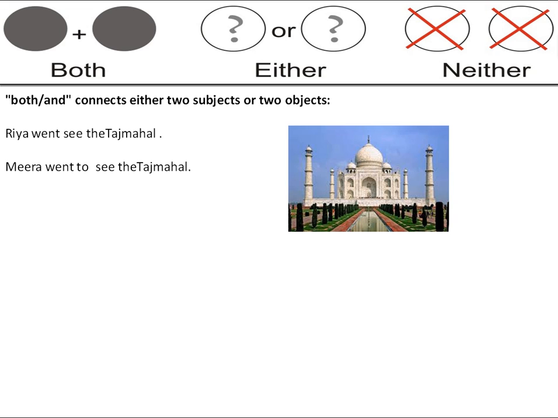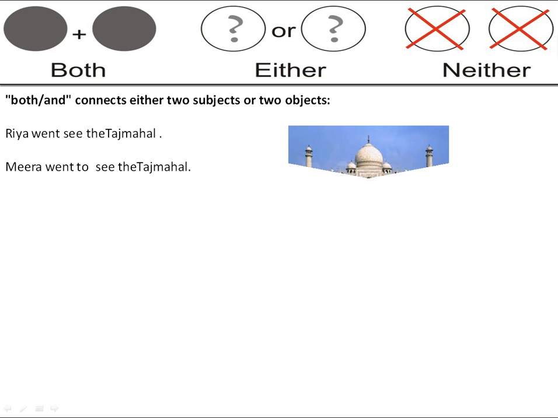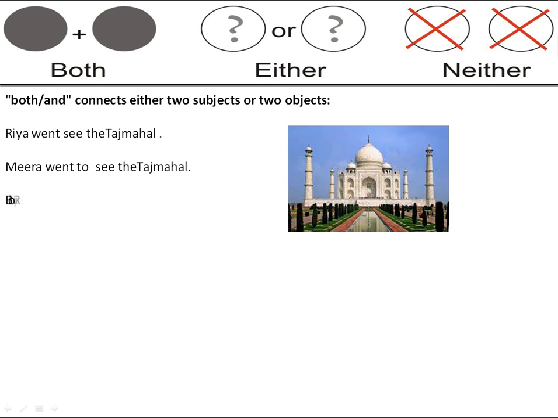So if you want to make it a simple compound sentence, how could we do that? We'll use the correlative conjunction and we'll frame it this way. Both Ria and Meera went to see the Taj Mahal. So here Ria and Meera are both subjects which are connected with both and.